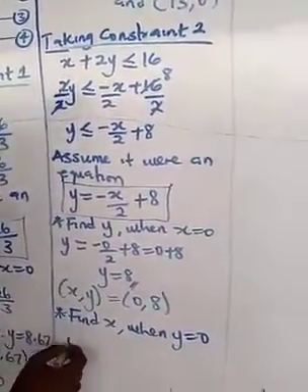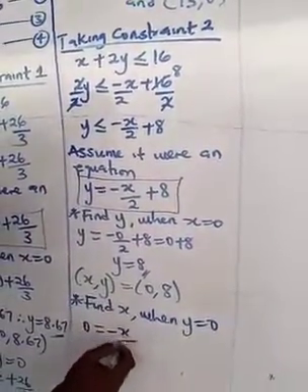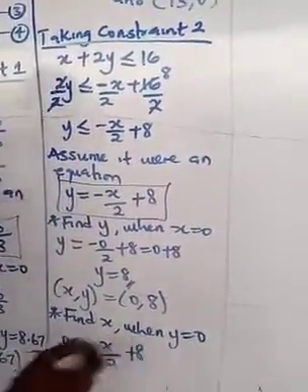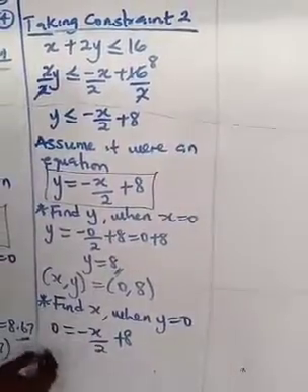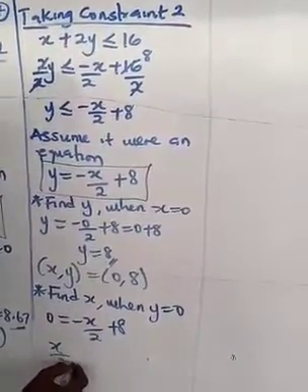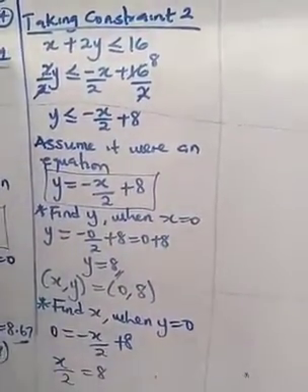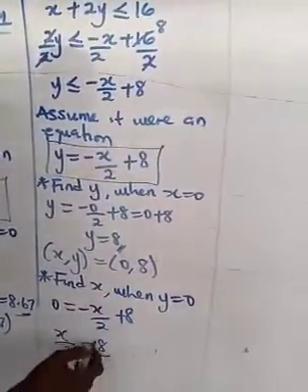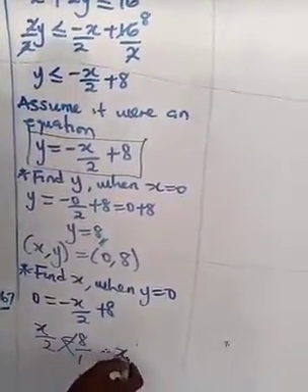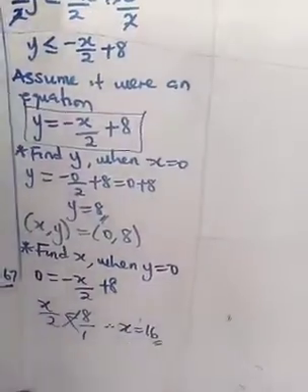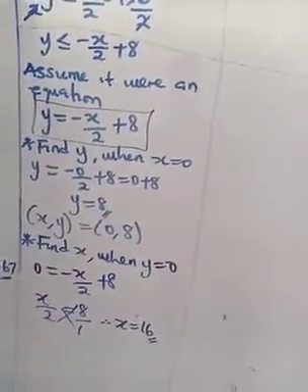So we have 0 equals minus x over 2 plus 8. Now if this comes here, we have x over 2 equals 8. Now if we cross multiply, that means x equals 16.